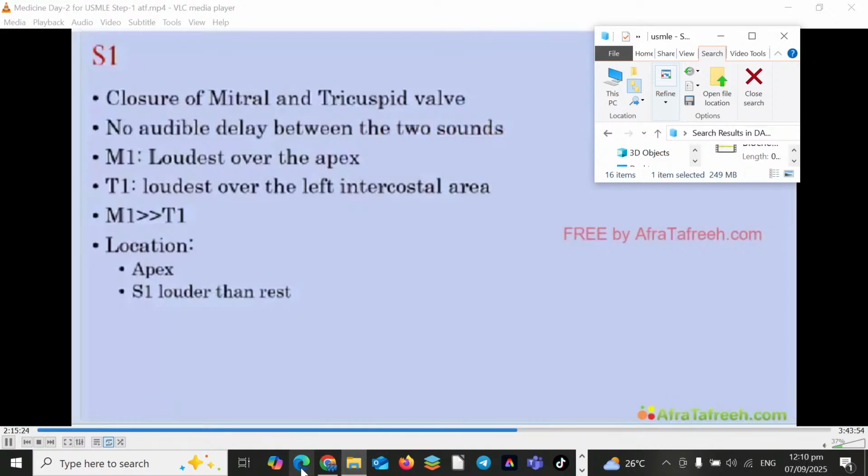As you move from the mitral to the tricuspid area, the sound of the mitral valve closure is loudest on the mitral area, and that of the tricuspid valve closure would be loudest on the tricuspid area. So when you are hearing a regurgitant murmur loudest on the apex, it is a mitral regurgitation, and when you are hearing it loudest on the tricuspid region, it is the tricuspid regurgitation.